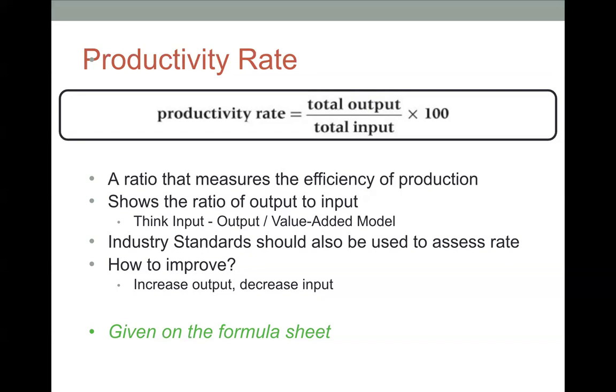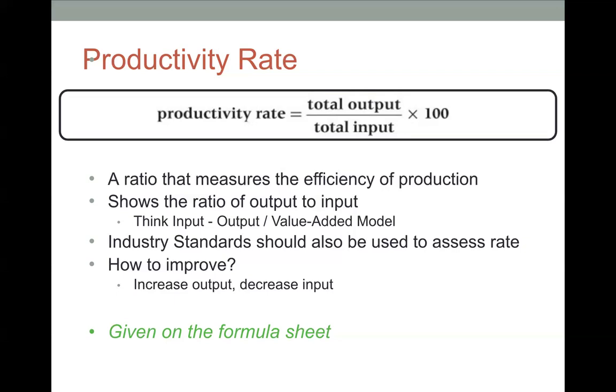Inputs are usually our input costs for resources. So we have our human resources, our financial resources, physical resources, and then we look at our output. So we're really taking that value added model and looking at the total input and the total output and dividing those. And then again, with all of these, industry standards should be used to benchmark.